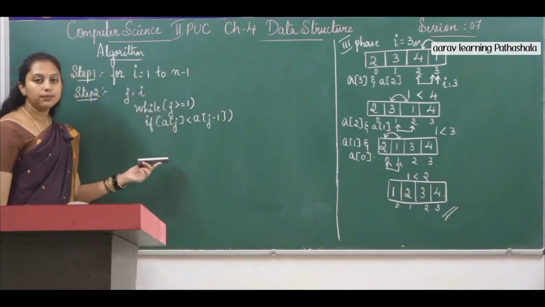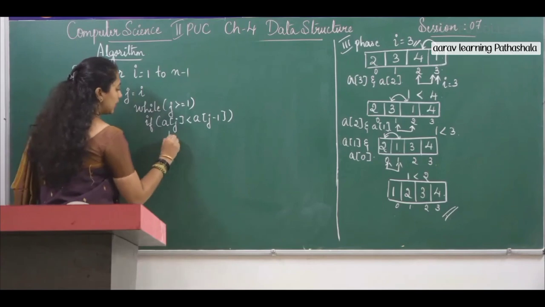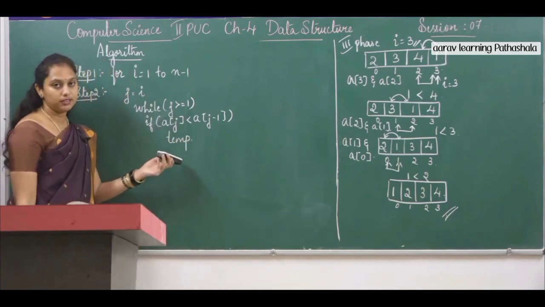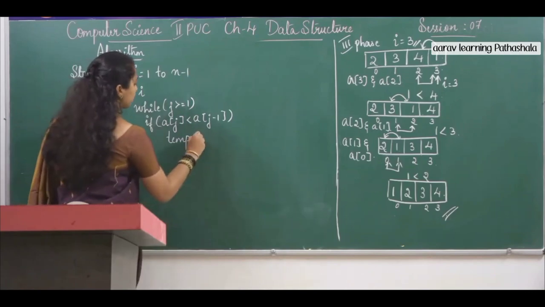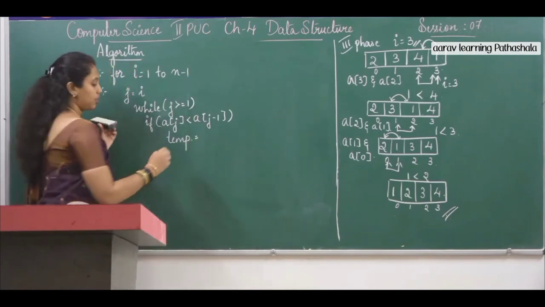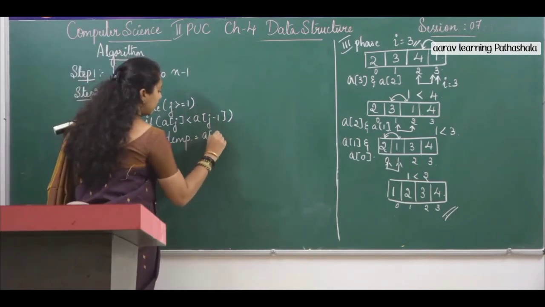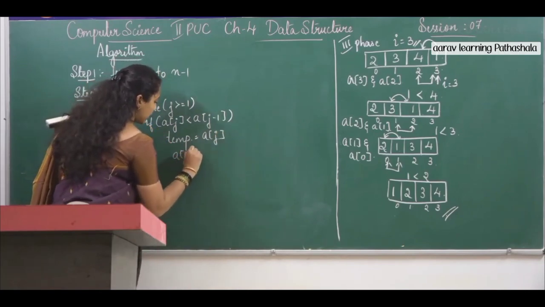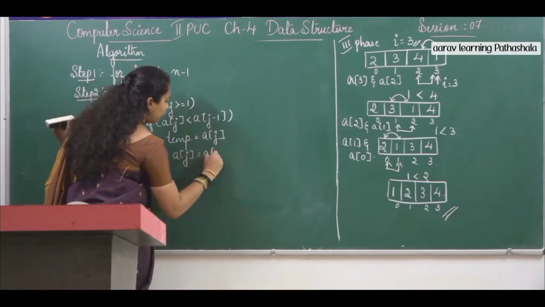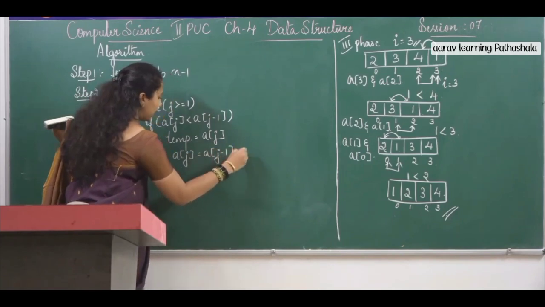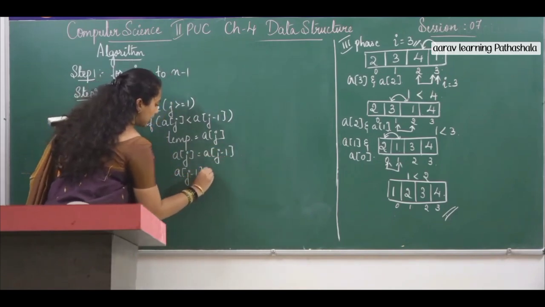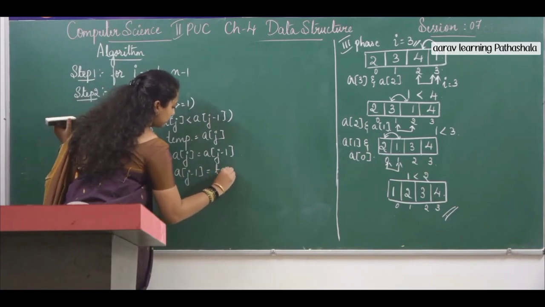We have to swap the array elements, that is temp. So we are taking this temporary variable to store the values. So temp is equal to a of j. A of j is equal to a of j minus 1. A of j minus 1 is equal to temp.